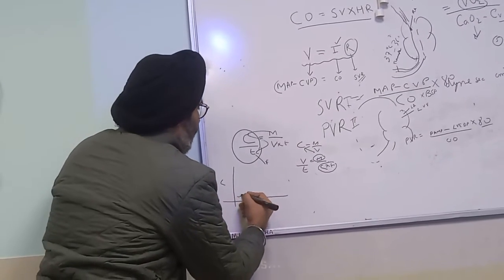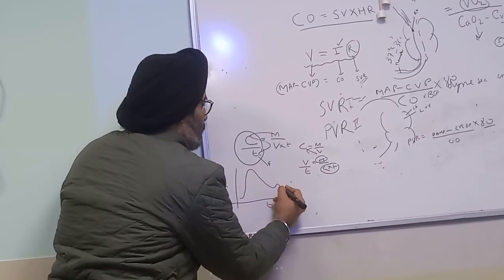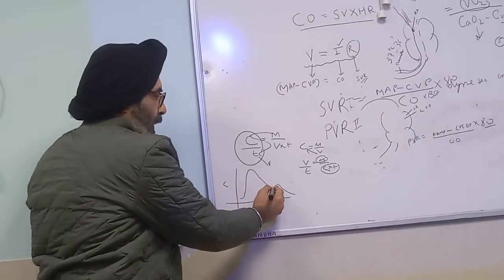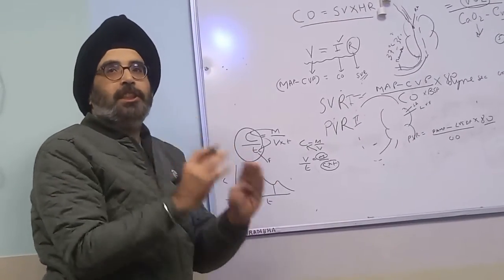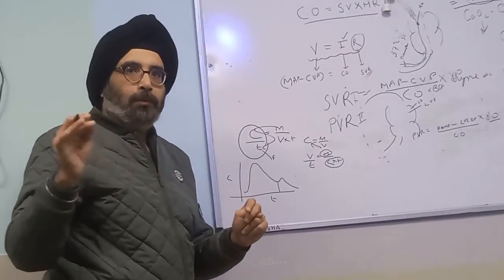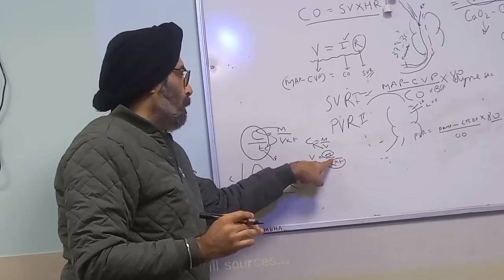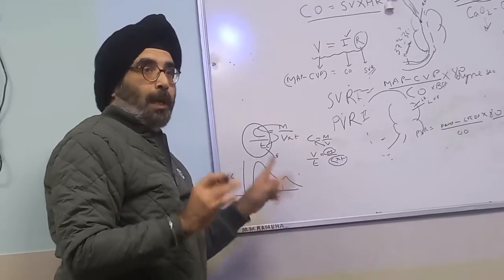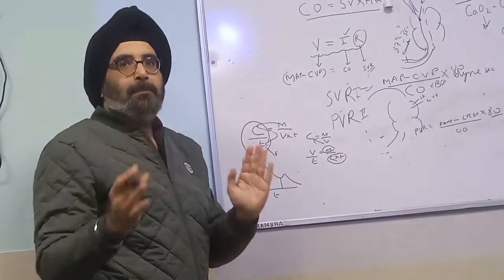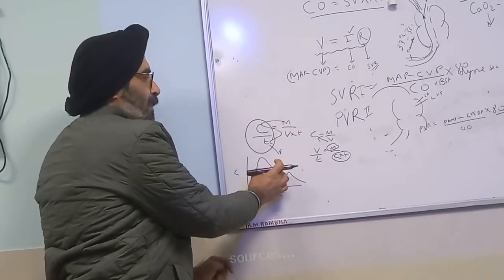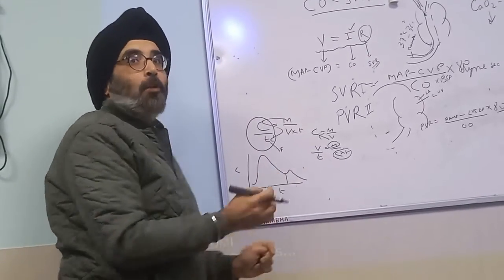Correct? So we have a graph which is similar to this. Okay? So the area under the curve, if we take an integral of the change in concentration with time, will be this portion. So the cardiac output is inversely proportional to the integral of the change in concentration with time. If this graph is smaller, the cardiac output is more.